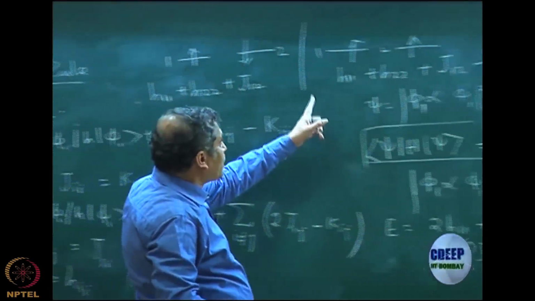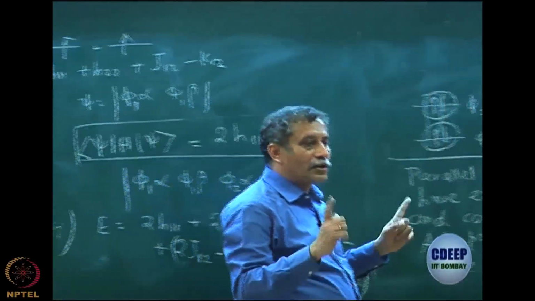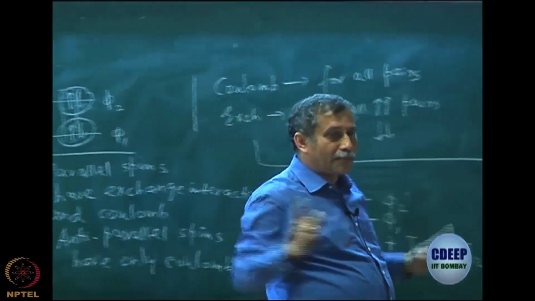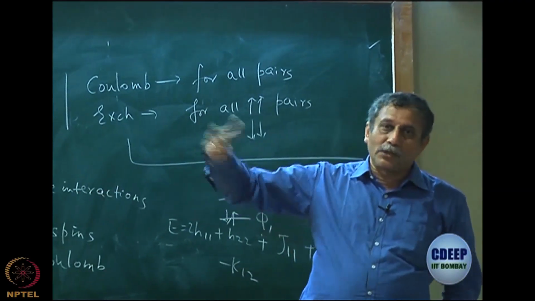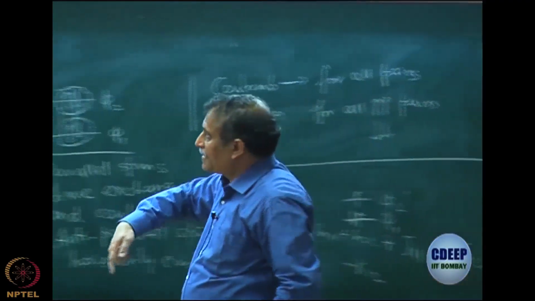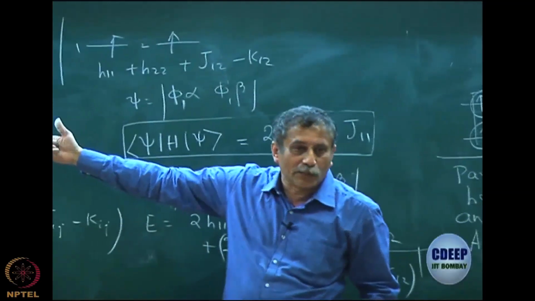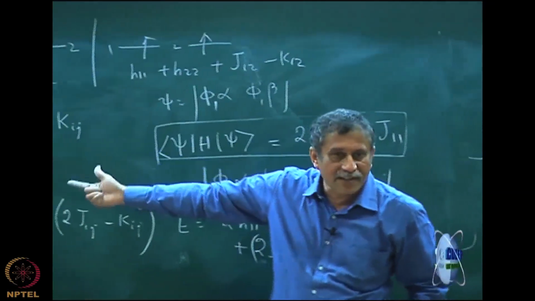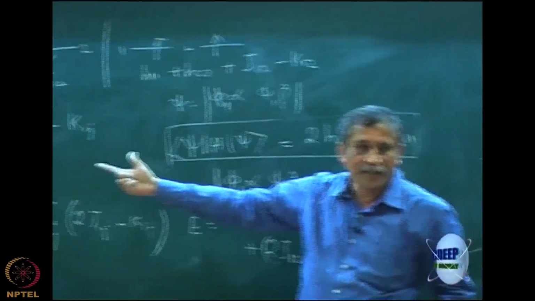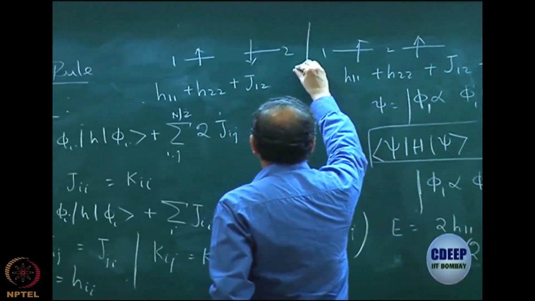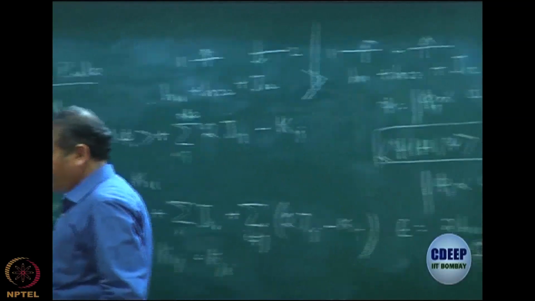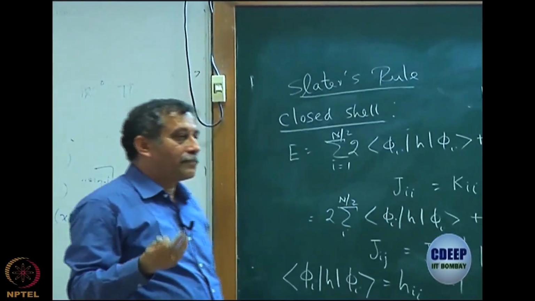If you have degenerate orbitals, the electrons go parallel. That's a proof of this actually. So, I can take anti-parallel, do the spin integration. This result will come from the spin integration, as I told you. It's a fairly general result. I didn't do the spin integration for open shell, but it is a fairly general result. So, this energy will be greater than this energy, which is a statement of the Hund's rule.